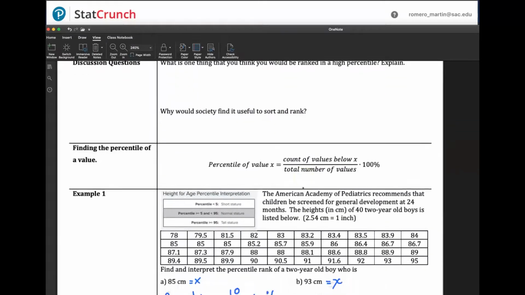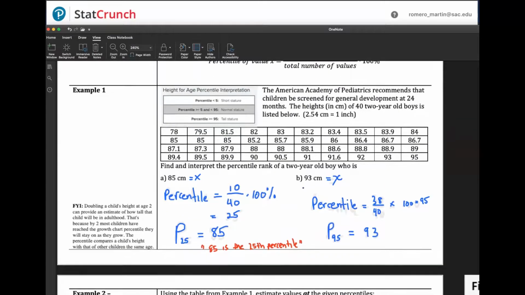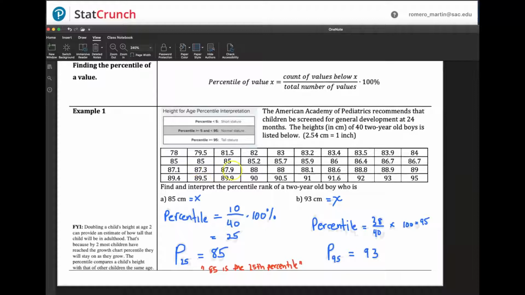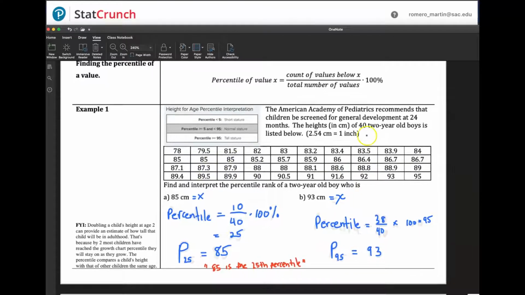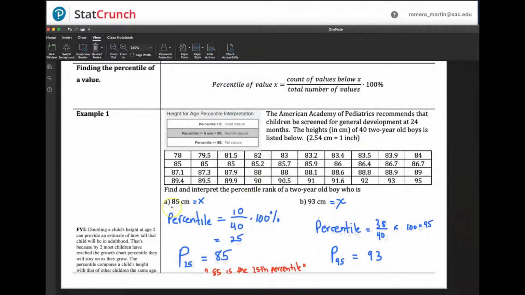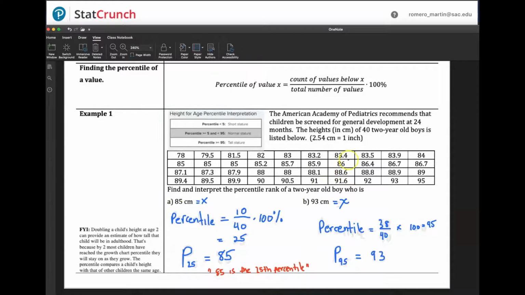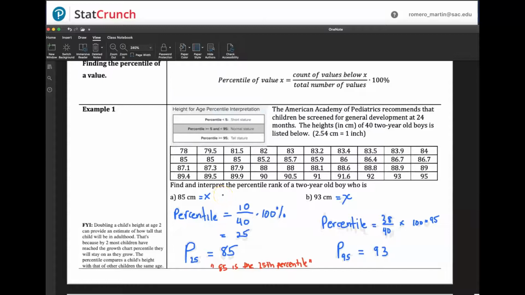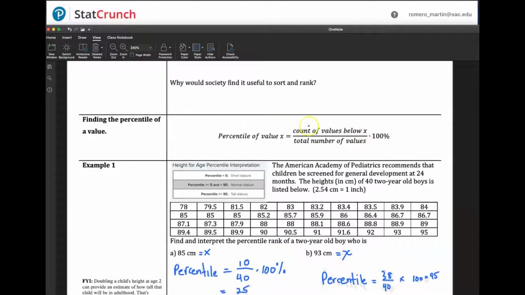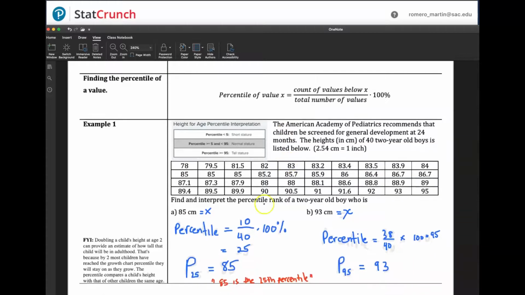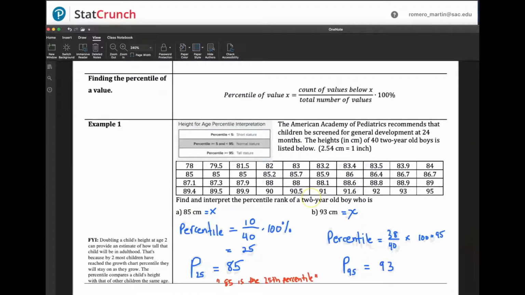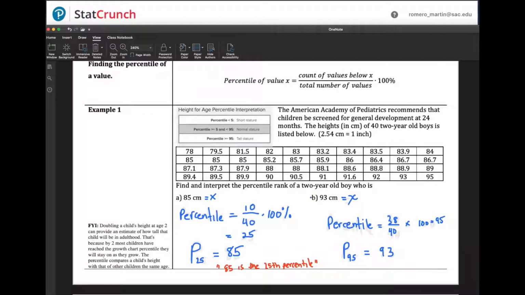And so let's take a look at some examples here that have already been completed. Here's a set of data, 40 data values. And so what we're looking at is, 85 centimeters out of this data is what percentile? We have this equation here that determines what percent of all the values are below 85.